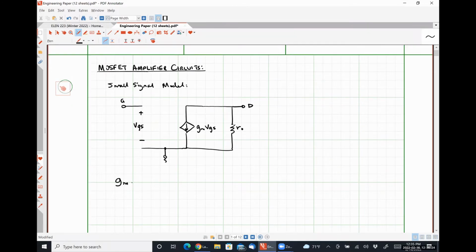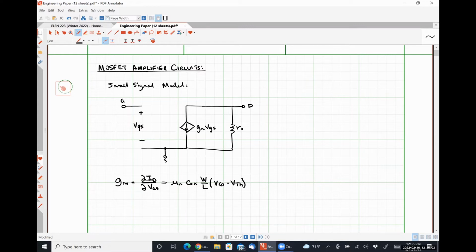So gm, which is our transconductance parameter, is the partial derivative of our drain current ID with respect to the quantity VGS, our controlling voltage, which is given by mu n Cox W over L times (VGS minus VTH).